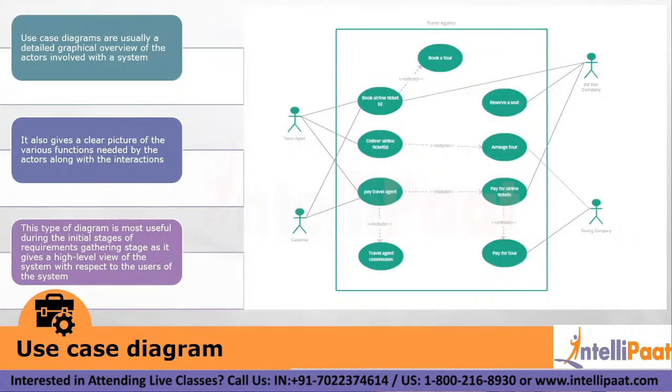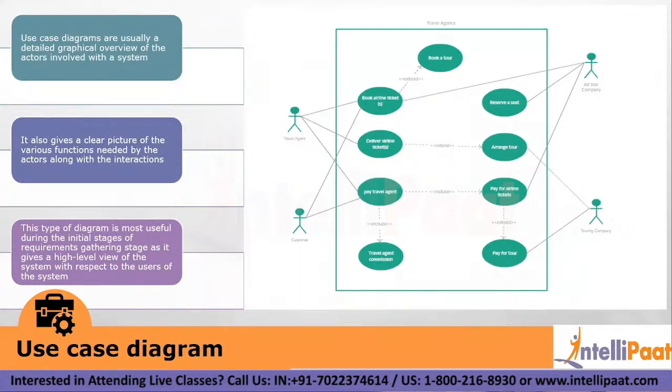End of the day, when it materializes into a system, this would probably be just one click by the customer and one click by the agent. But from a system design perspective, a lot of things would happen in the background. And that is what this diagram talks about, how users would be interacting with the system at various stages.